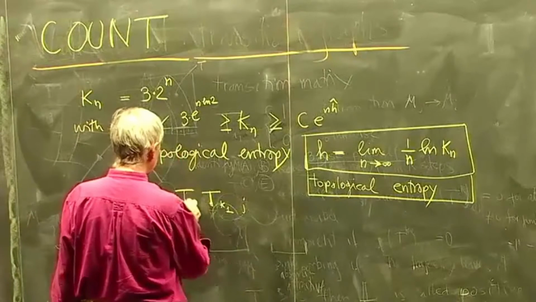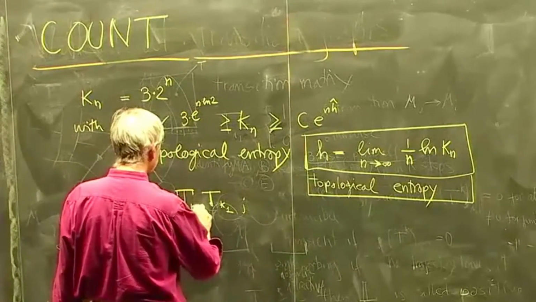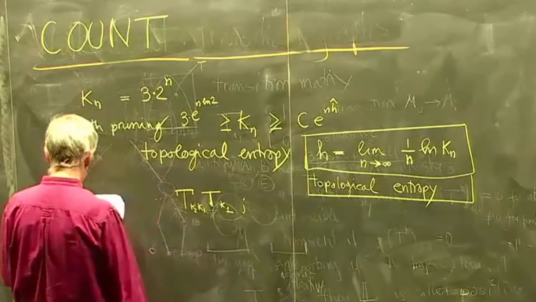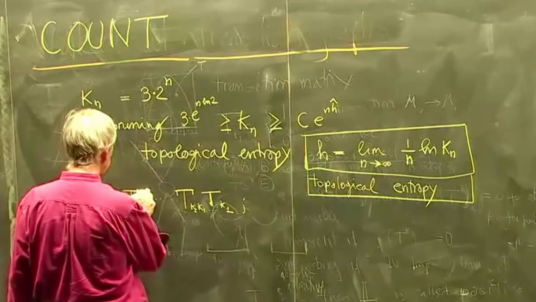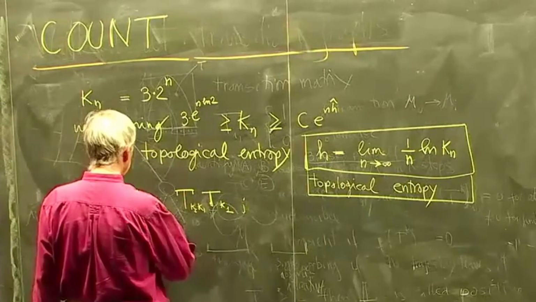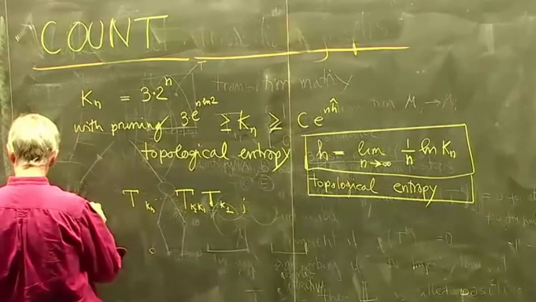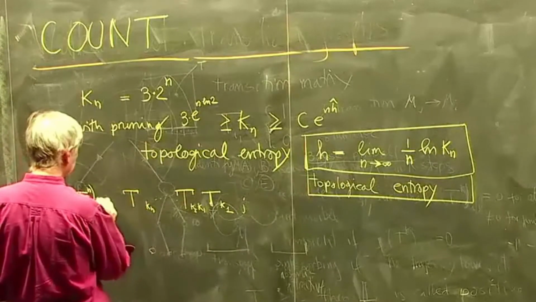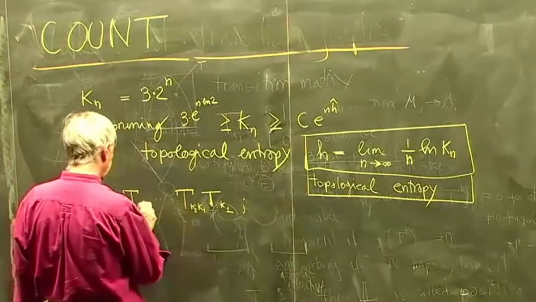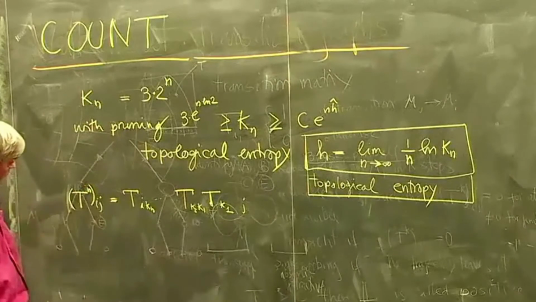Then wherever I end up, next step in time, k1, I'll end up in the region k2, and I'll go on doing this, and eventually I'll end up, after n steps in time, if I'm interested in finding the transition in n steps in time between i and j, I'll end up at i.